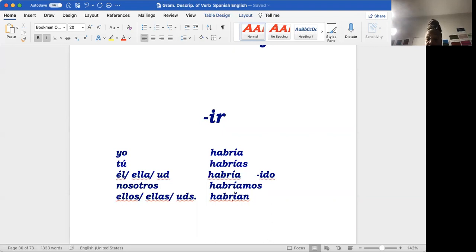Okay, so we've talked about the present perfect, the present tense of the verb to have, plus the past participle. The past perfect, the past tense of the verb to have, plus the past participle. The future perfect, the future tense of the verb to have, plus the past participle.